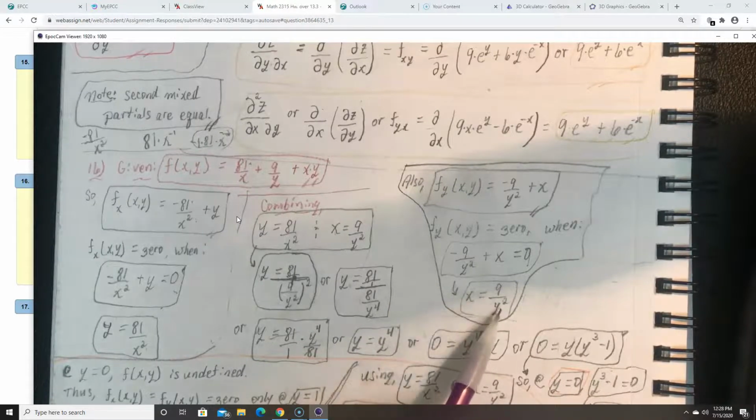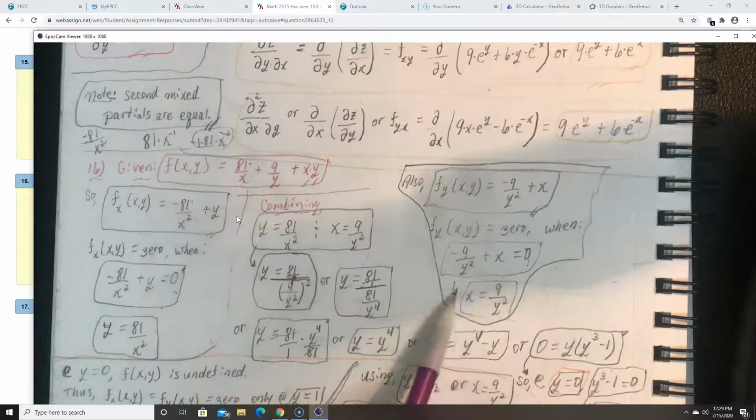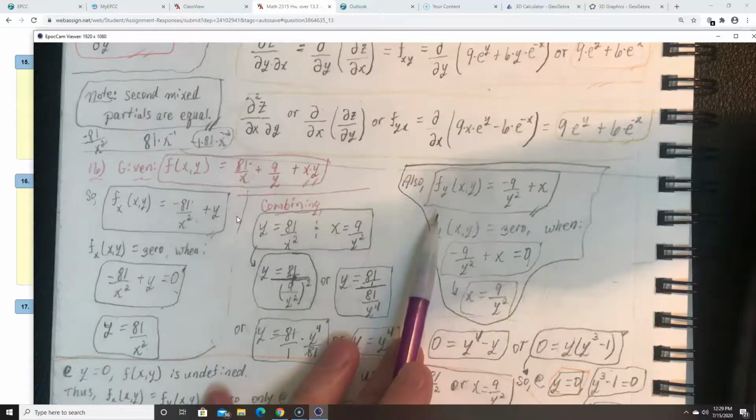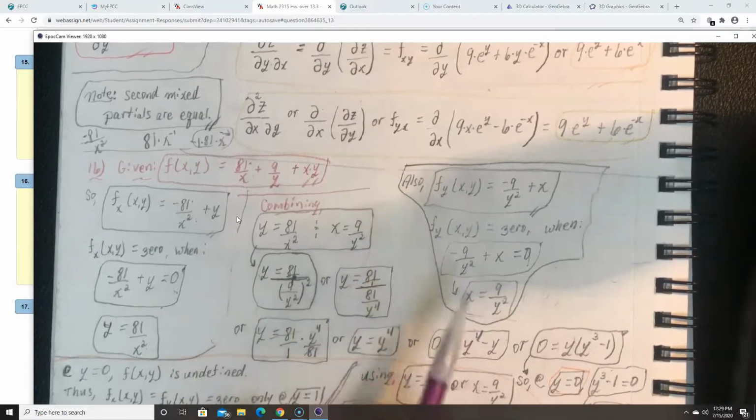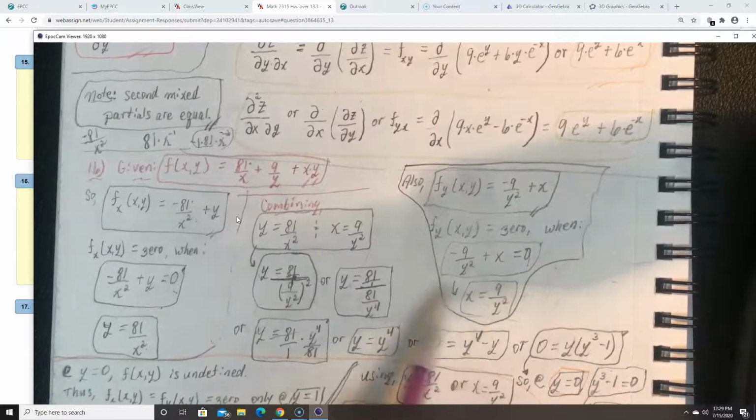So what we want to do now is, this is when the partial derivative of f with respect to y equals 0, and this is when the partial derivative of f with respect to x equals 0. And now you can combine these two.